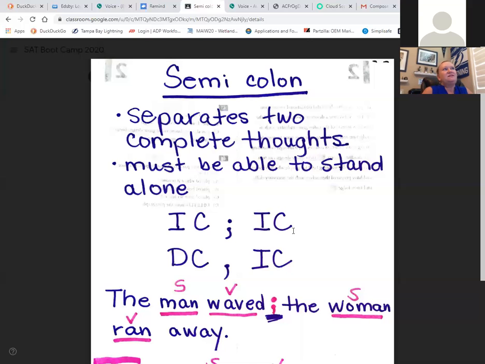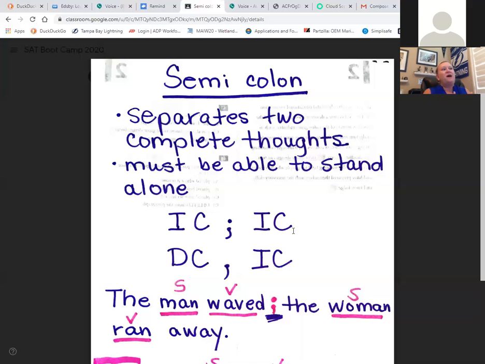Let's look at this. A complete thought, another word for that is an IC, or an independent clause. So if you have an independent clause and an independent clause, and the 2 ideas are linking. If I had, Chip has on a blue shirt, Kevin ate spaghetti, I would have no reason to link those 2 sentences.